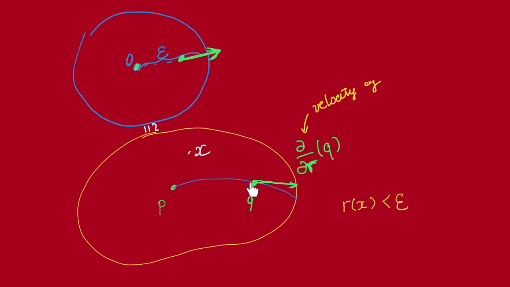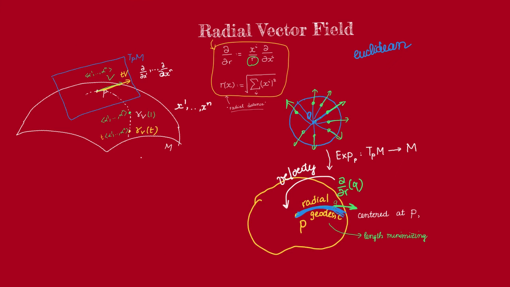Now, for every point Q sufficiently close to P, the radial vector field evaluated at Q is a unit vector, and it's going to be the velocity vector of the radial geodesic connecting P and Q, but with unit speed parametrization. Picture-wise, if this radial geodesic is the diffeomorphic image of this segment, then this unit radial vector is just the push forward of this radial vector. Alright, so that's the definition of the radial vector field and radial distance.